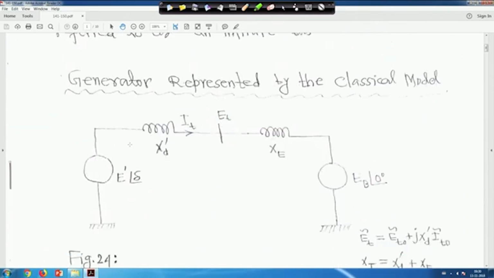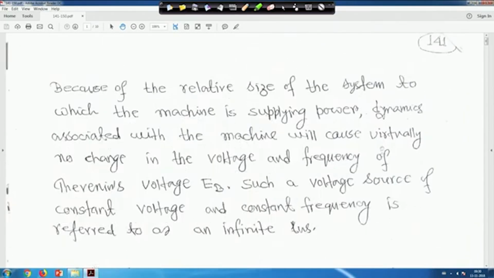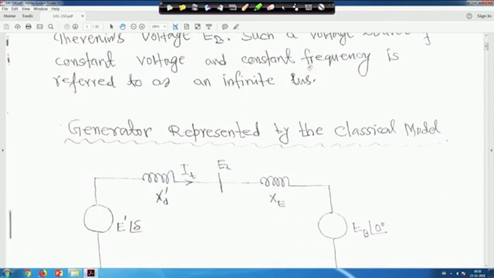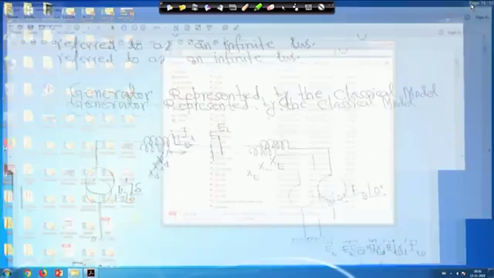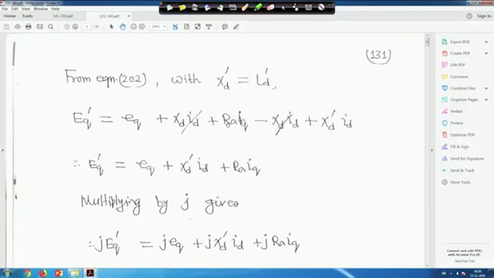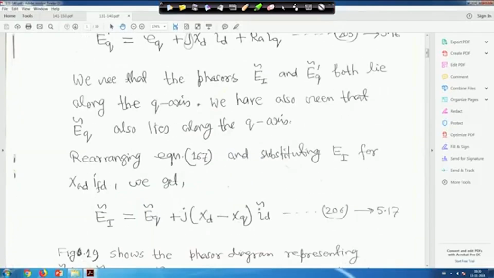Therefore, we can write the same system: E dash tilde, this is x d dash I t, this is E t, this is x c, and this is E b angle 0. That is figure 23b, where you have the generator. Let me go back to this figure once again.